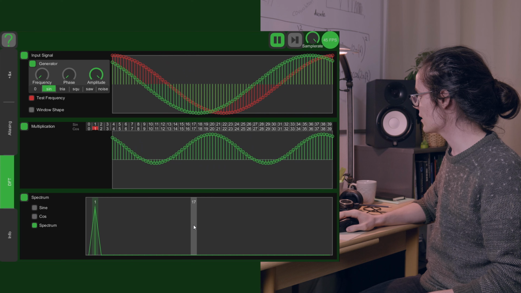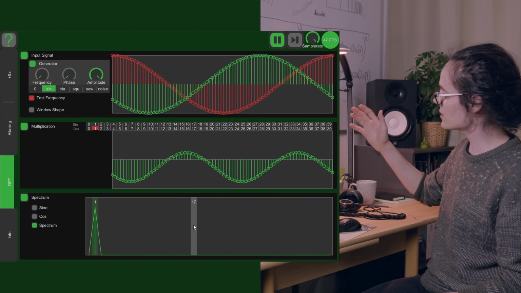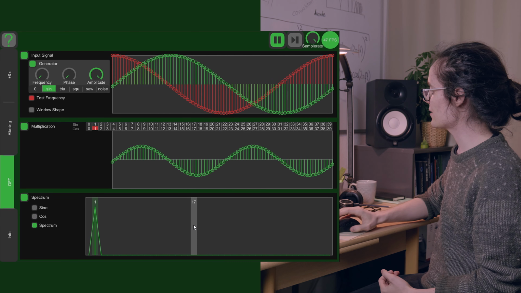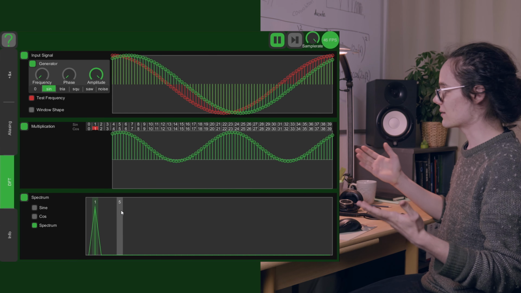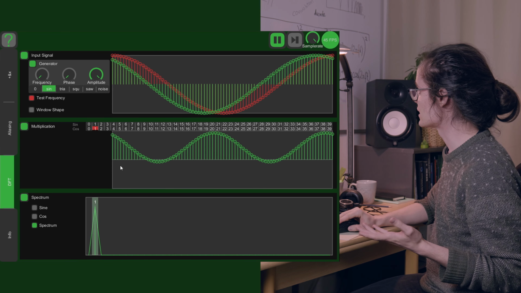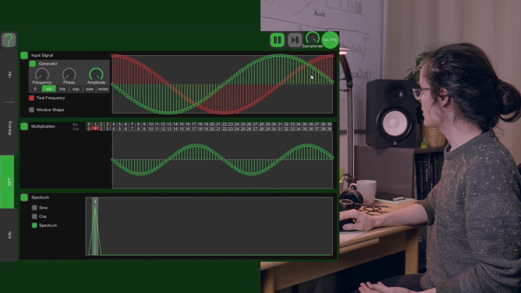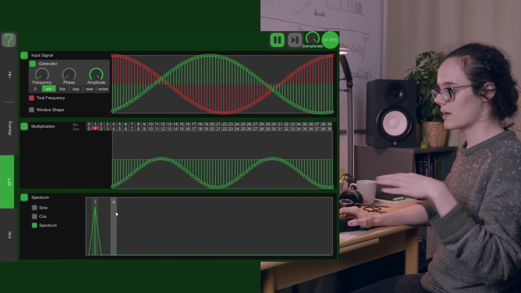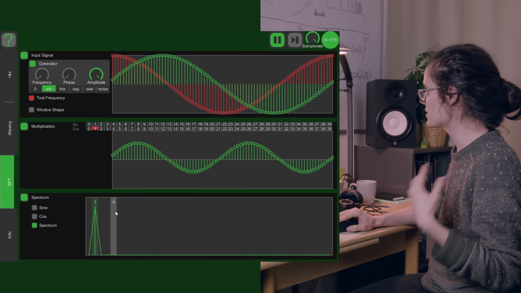When I turn off the sine and the cosine, you can see that the green peak stays constantly at this level. Well, that has to be, of course, because the amplitude of the input signal doesn't change. So the amplitude of that frequency has to stay the same.